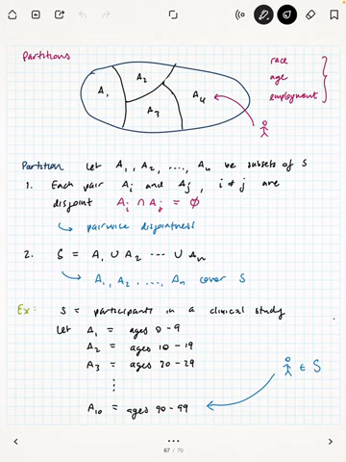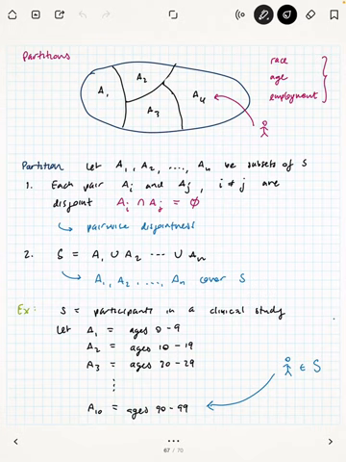The first is that each pair, A sub i and A sub j, where i is not equal to j, all that means, by the way, is that these are 2 distinct subgroups in our set of subgroups, and the i and j are just placeholders, just dummy variables. So each pair that are not the same need to be disjoint.